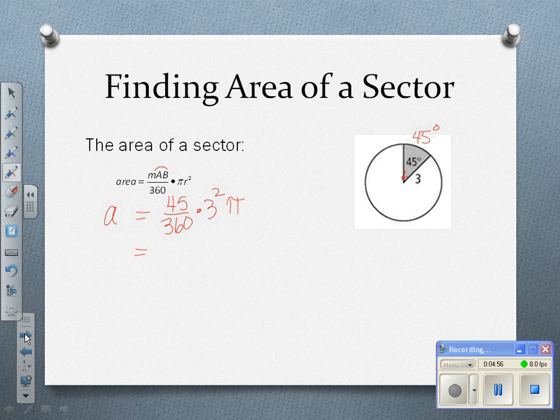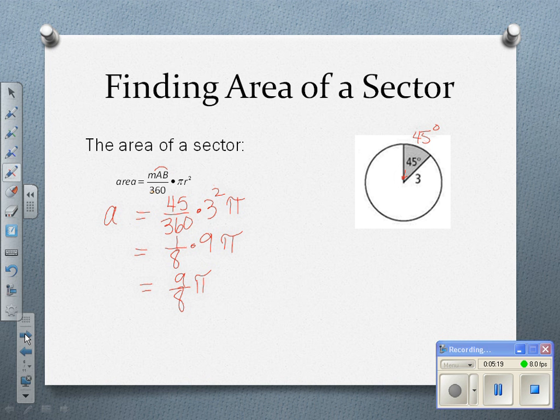So 45 over 360, and I don't want decimals here, is going to be 1/8. So we have 1/8 times 9 pi, and so that gives us an area of 9/8 pi, and we can just leave it in terms of pi.